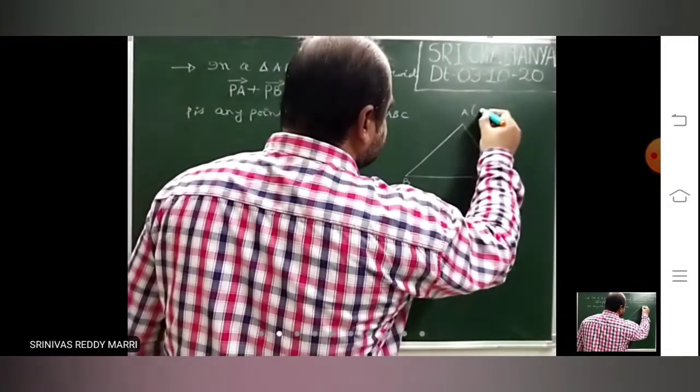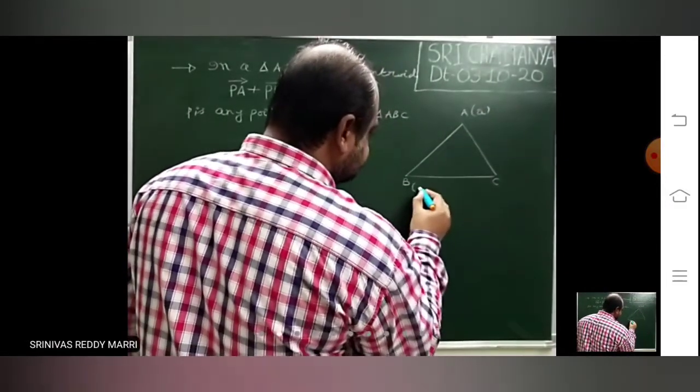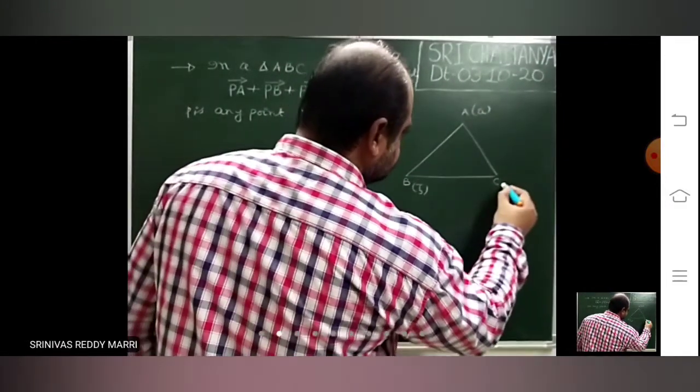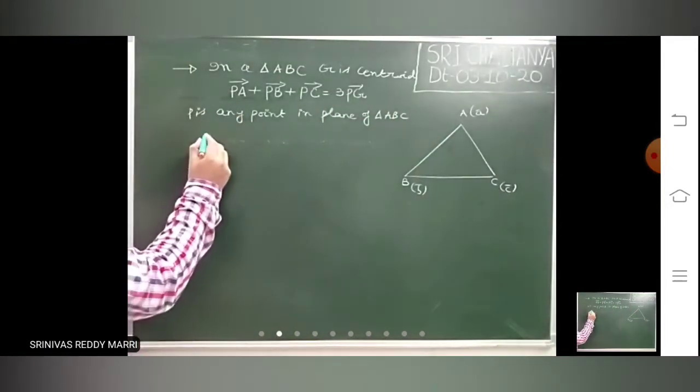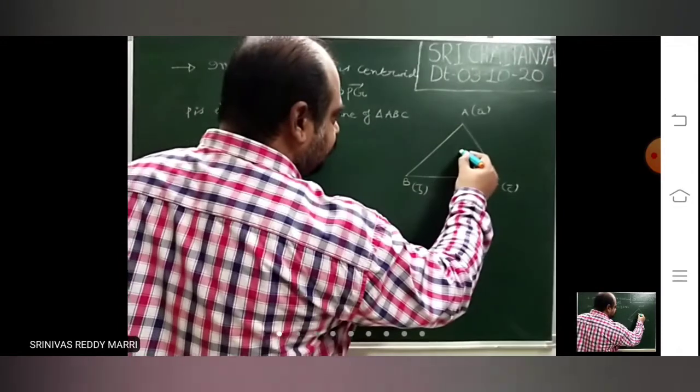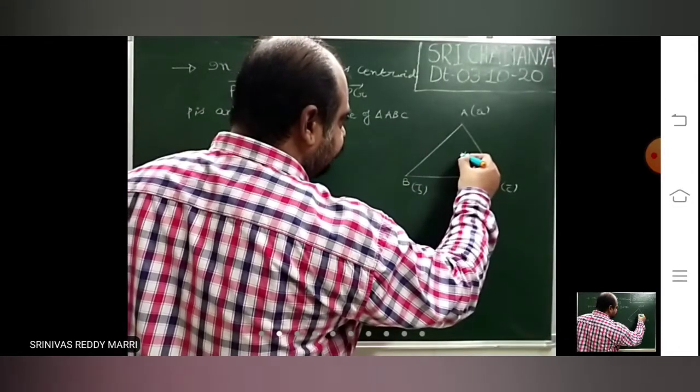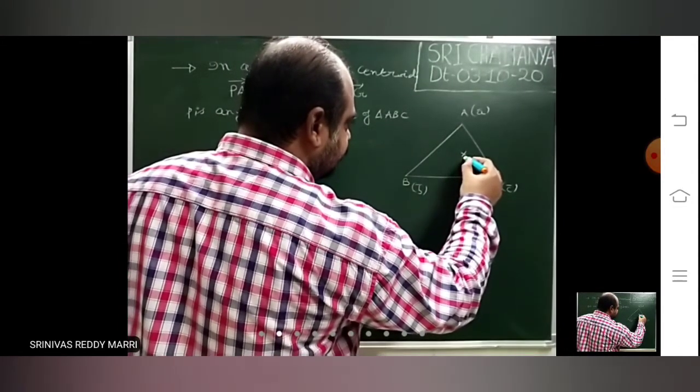If you take the position vectors, it will become easy. Let us take some point P, any point inside the triangle.